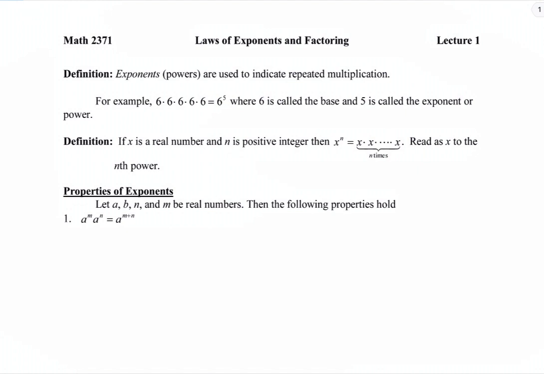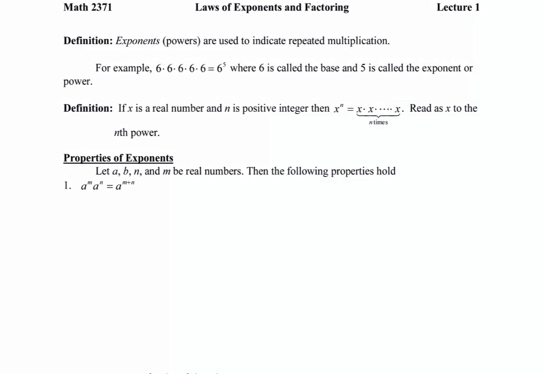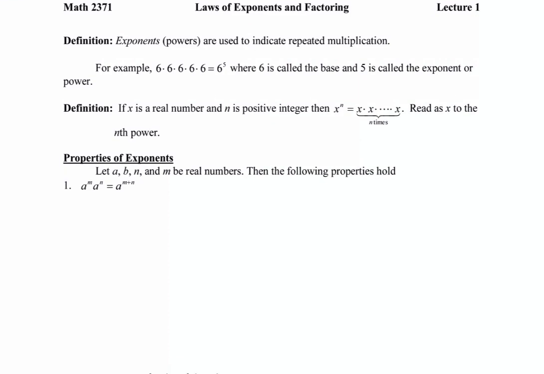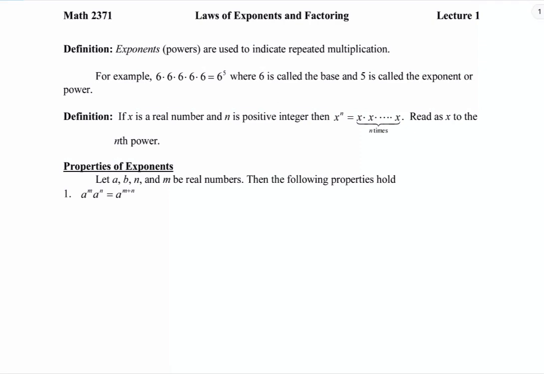So, for example, what does it mean to say x to the 6th or 6 to the 5th? That means 6 times 6 times 6 times 6 times 6, 5 times. So that is 6 to the 5th.